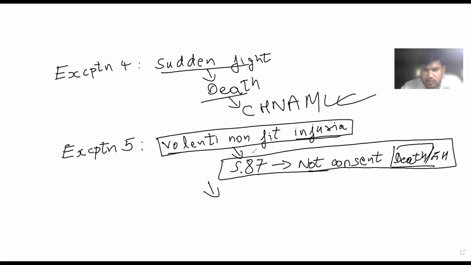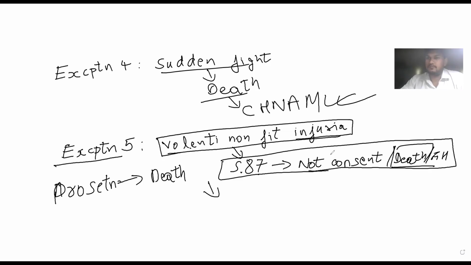If death is caused and the person had consented to suffering any harm other than death or grievous hurt, then what will happen is, firstly, the prosecution will prove that the person has caused death, so he should be convicted because he has caused death.